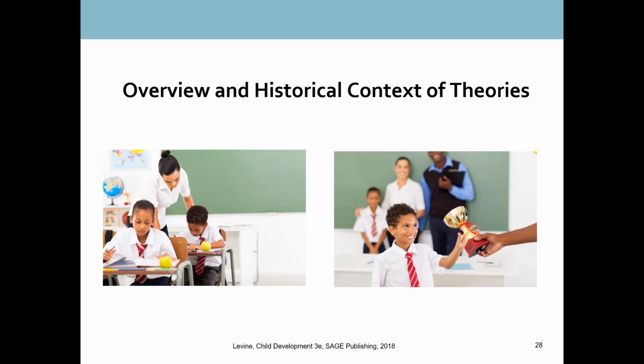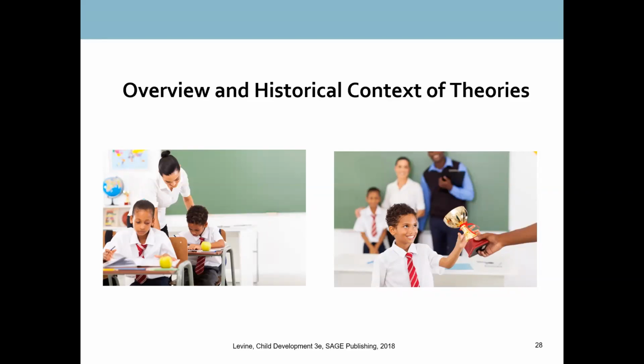So it's just 2 pages. Make sure you read it. It's interesting. It points out how some of the theories developed. Obviously theories don't just develop in a vacuum, but each theory draws upon earlier ideas and concepts.